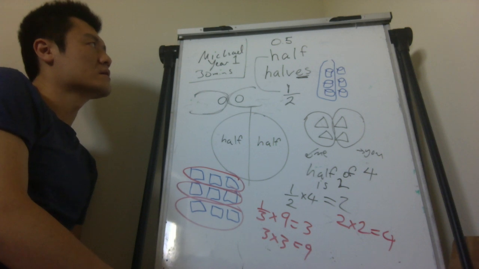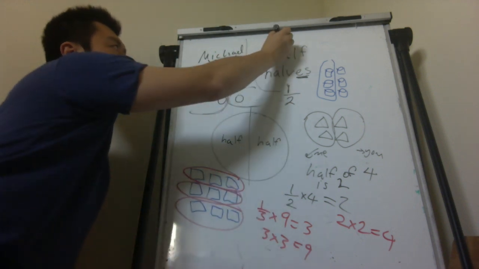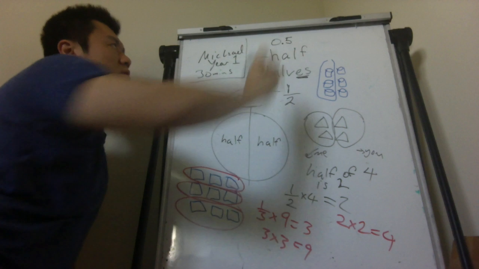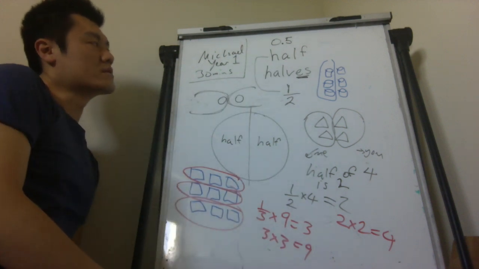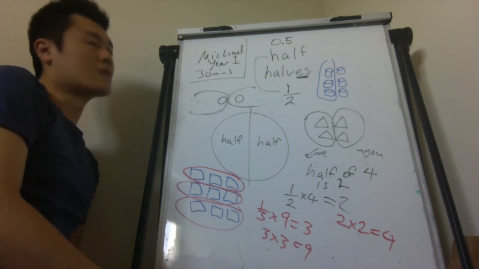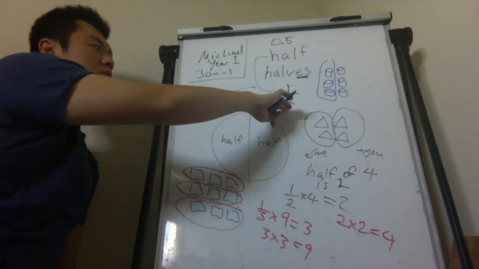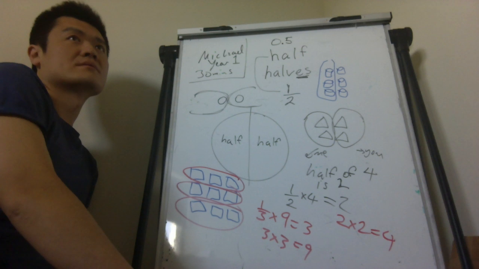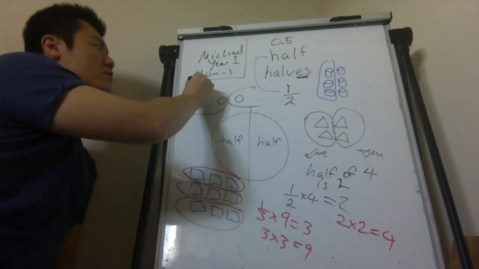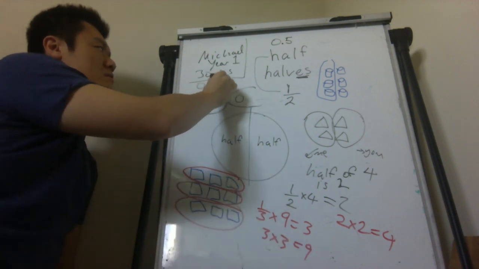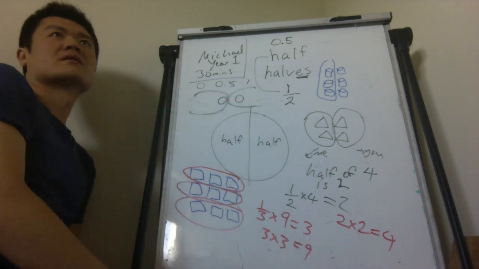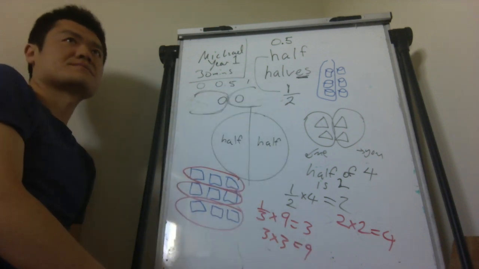Okay, I guess it's hard to say how this makes sense with 0.5 unless you know what 0.6, 0.7, all that stuff is. But if you think of half as a number, then the number sits somewhere between 0 and 1. And funny enough, it sits halfway between 0 and 1, okay? Does that make sense?